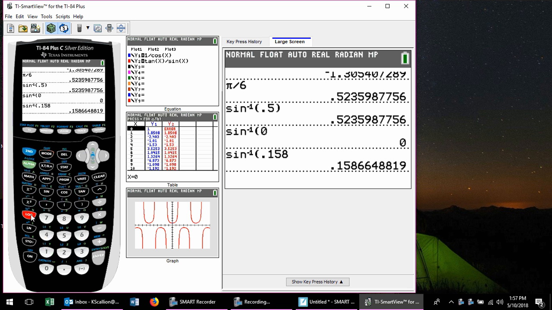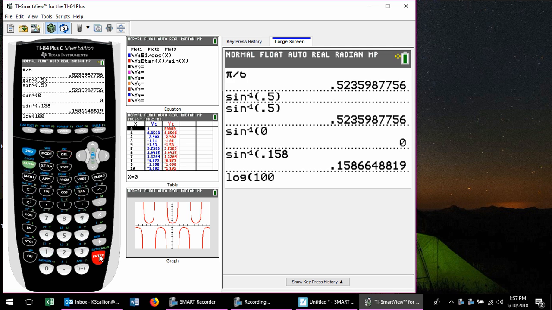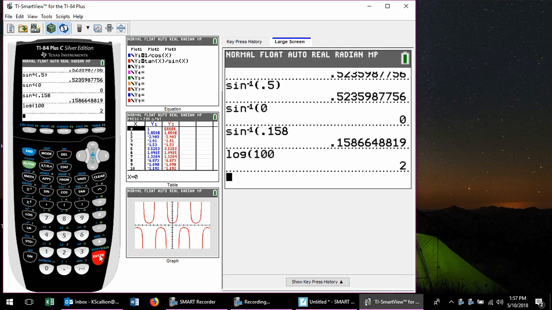So all you have to do is hit the log button and then type in the argument, which is 100. Not 1,000. And then you're going to hit enter. You get 2. But here's the thing. You are not going to get your calculator for very many log questions.